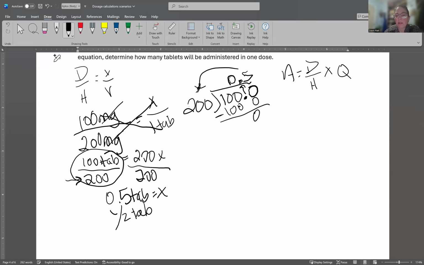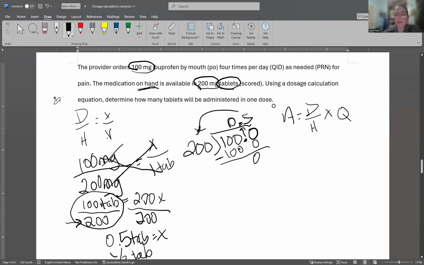Same concept over here, A equals D over H times Q. So I have the doctor's order, 100 milligrams, over 200 milligrams, times the quantity, and the quantity again is that way we're going to administer it, 1 tab.